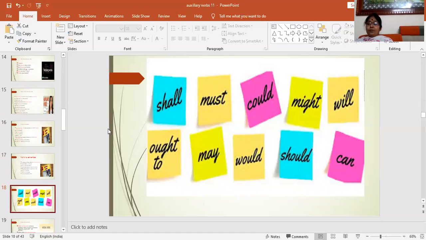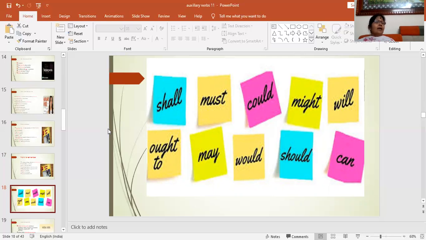What do you see on the screen? There are words like shall, must, could, might, will, ought to, may, would, should, can. What do these words suggest?